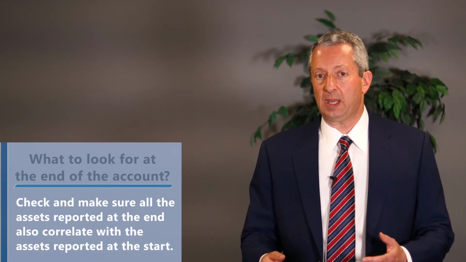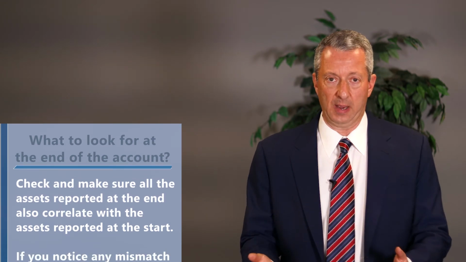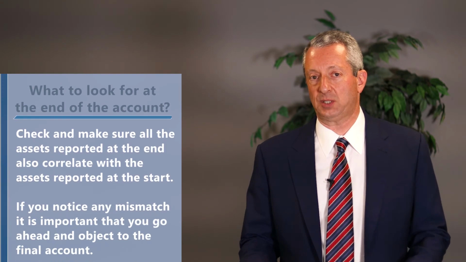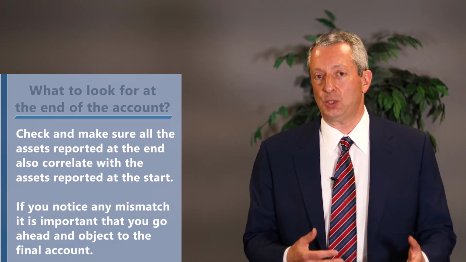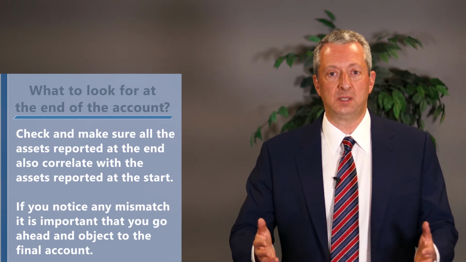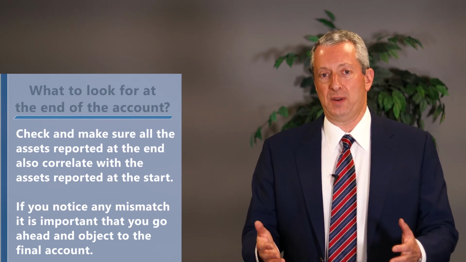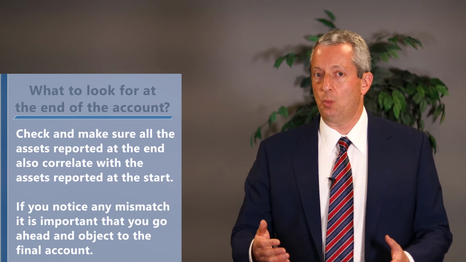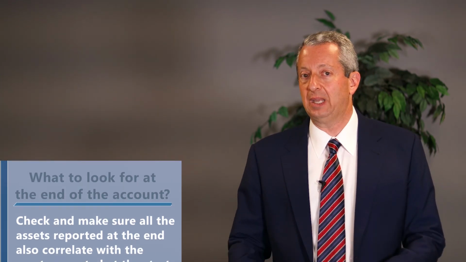So go through the account, see if there's a bona fide reason that the type of assets on hand changed, and if that change is reported. If it's been done, you're fine. If not, if there's no good explanation why assets that were there at the beginning are no longer there at the end, there's a problem with the account.